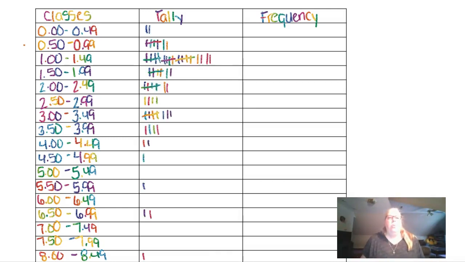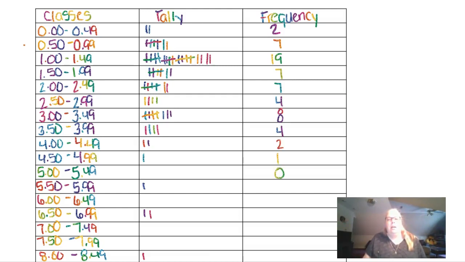Once we have all of the data placed in one of our classes over here, then our frequency is just going to be the number of tally marks we have in each column. So we've got 2 in here, and there are 7 here, and there are 19 here, and 7 here, and 7 here, and 4 here, and 8 here, and 4 here, and 2 here, and 1 here.